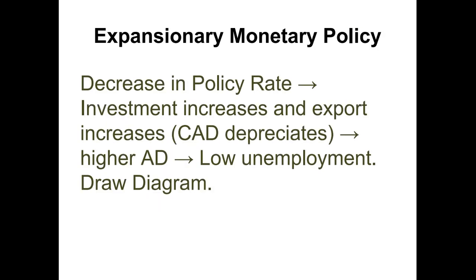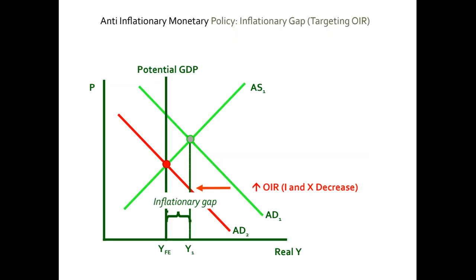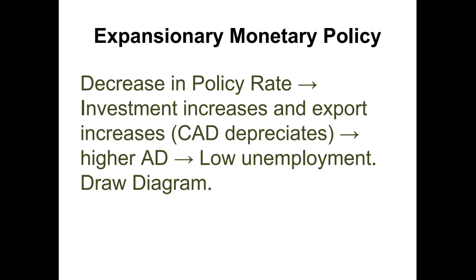So this is exactly opposite, but normally I told you earlier that the Bank of Canada is primarily concerned with anti-inflationary policies, that is, controlling inflation. But in case of unemployment, the policy would be exactly opposite.